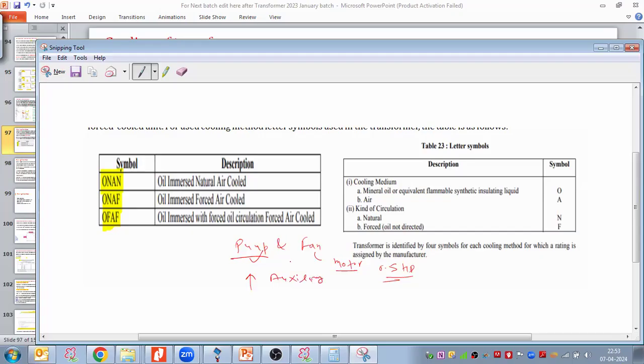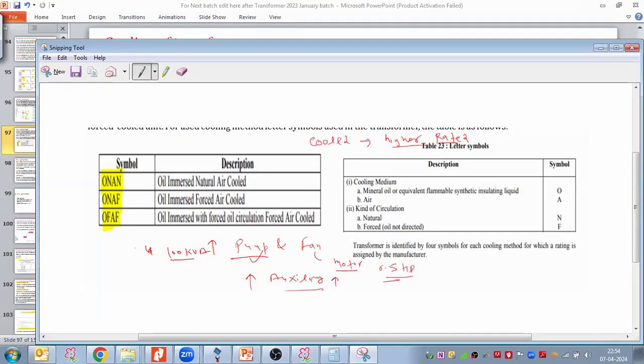And when we do forced cooling, we get a higher output, a higher rating from the same transformer, right? When my transformer rating is small, like a 100 kVA transformer, and I put in forced cooling, my rating is increased, but proportionally my losses will also increase.